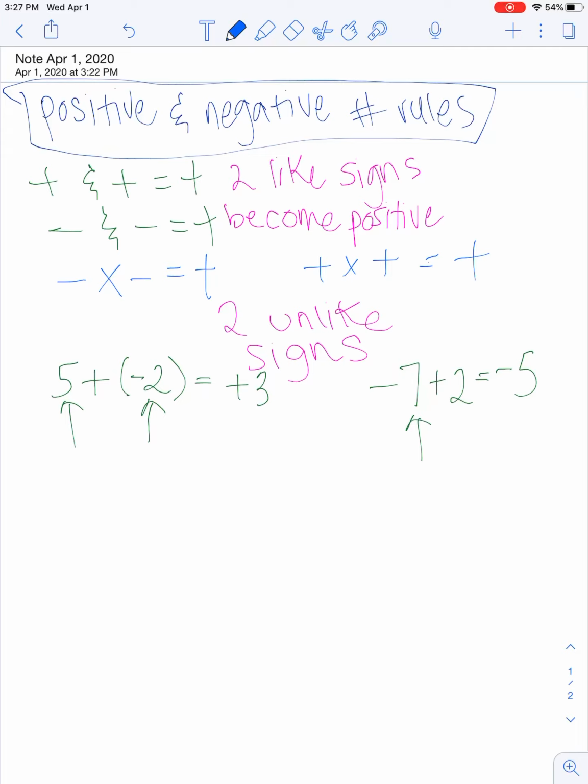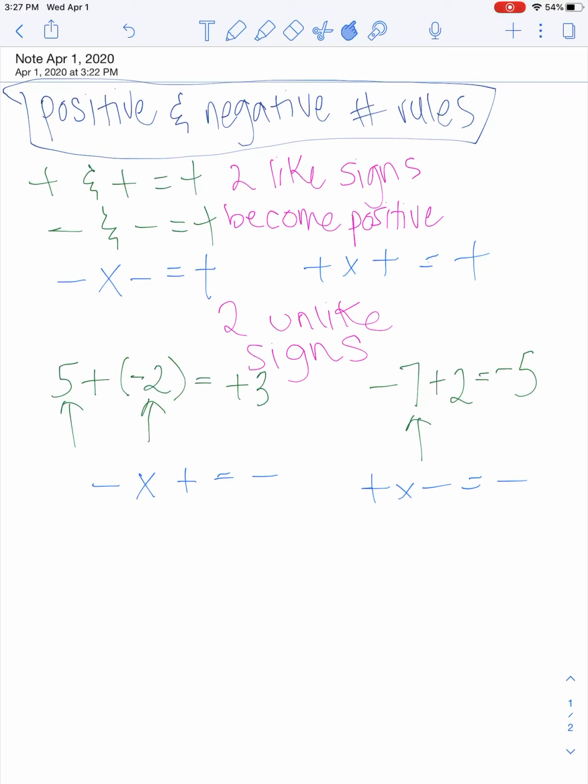For two unlike signs, a negative times a positive is a negative, and if you reverse it, a positive times a negative is still a negative. So the only time that you're dealing with which is the bigger number is when you're talking about addition and subtraction, if that kind of makes sense.